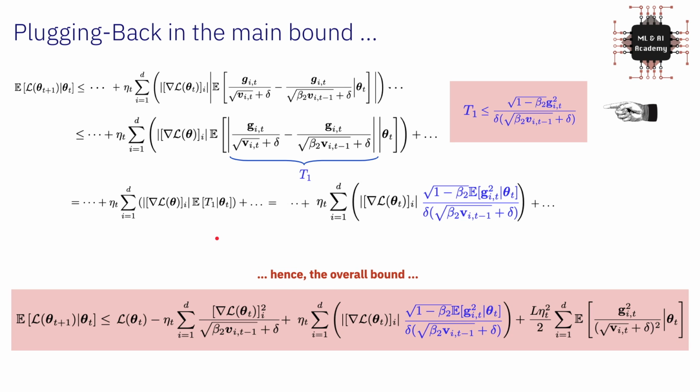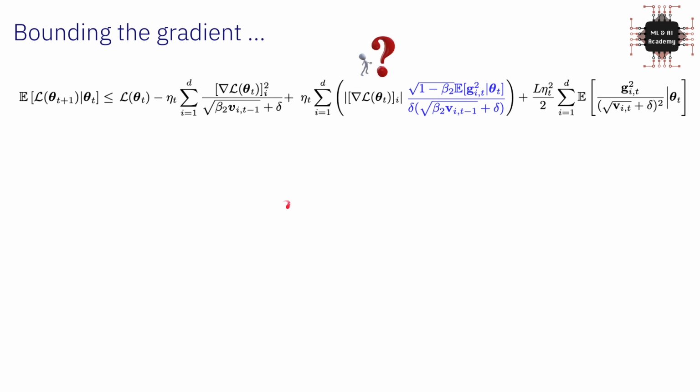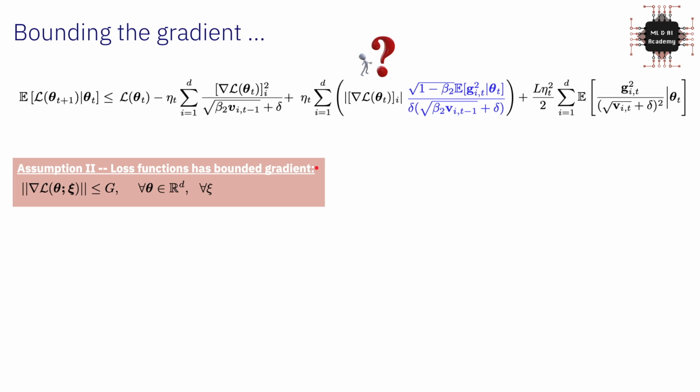Good. Right. So now we're going to introduce one more assumption to be able to handle the absolute value of the gradient. And that assumption says that the loss function has bounded gradients. It's not a restrictive assumption really. It just says that anytime you take the gradient, the norm of the gradient is bounded by some G, for any randomness you have, xi.